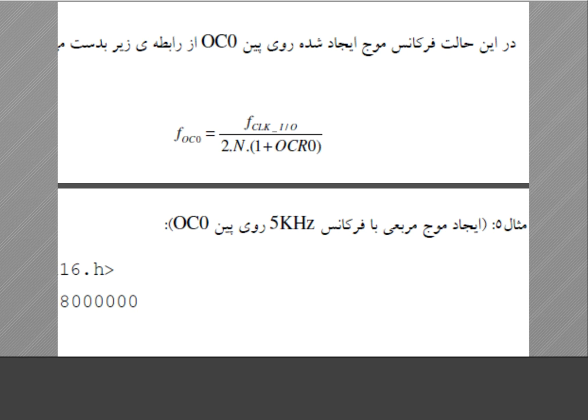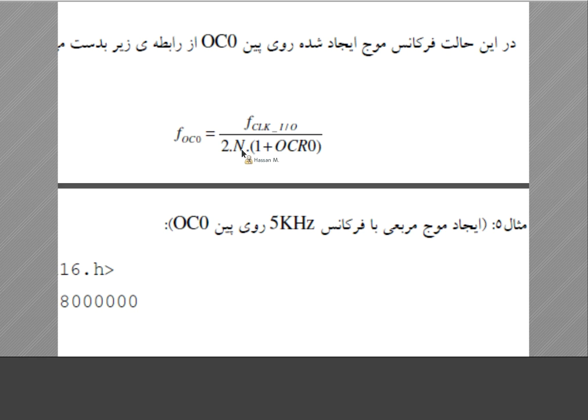Because of the low section and high section. In the last example, 200 microseconds low, 200 microseconds high, a clock pulse of 400 microseconds. So this is 2, low and high.